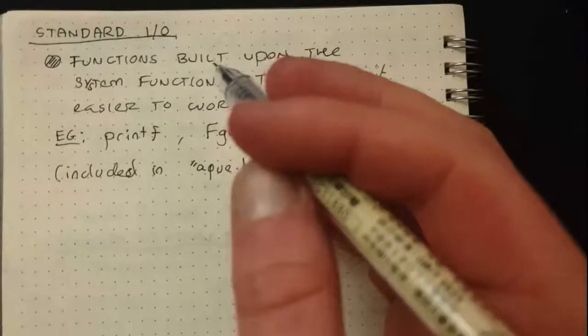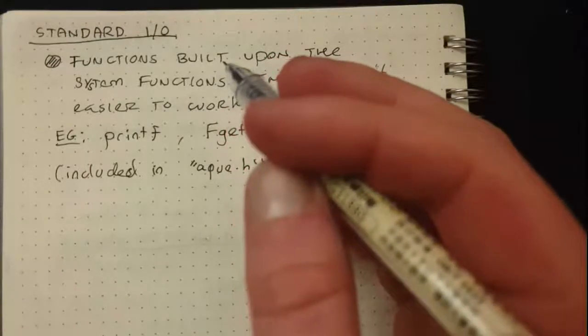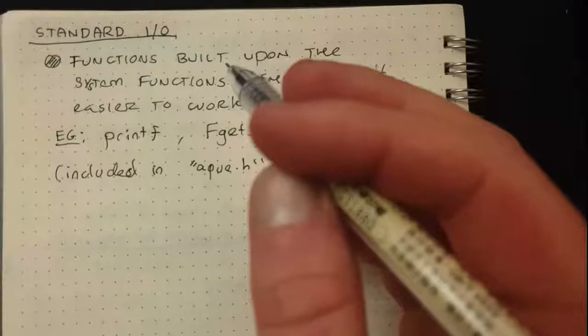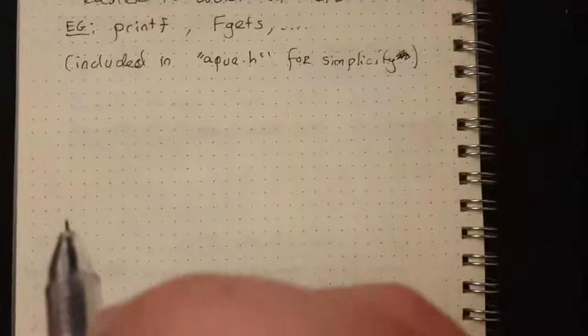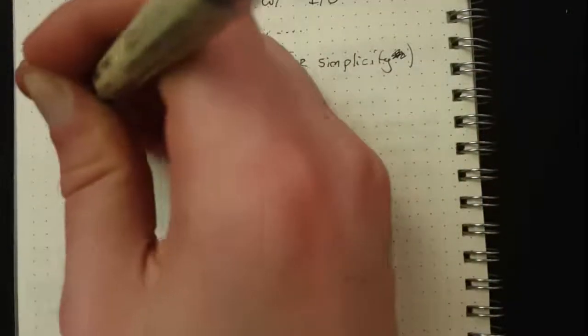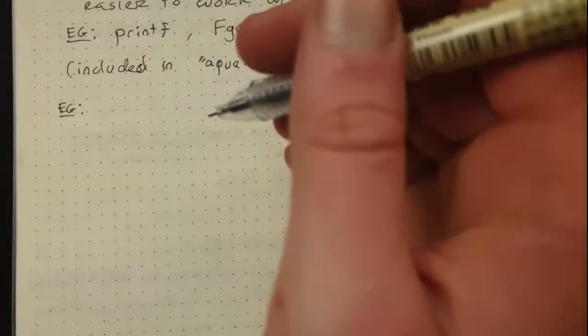What we can do is automate the process of reading an input, so that you don't have to manually read the input, and rather that's done automatically by your functions here.